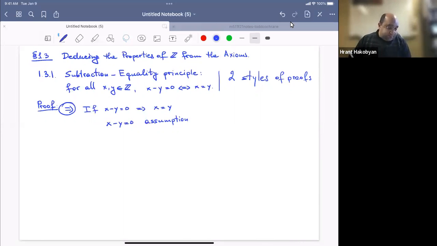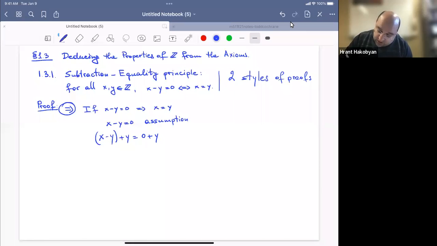So using the substitution axiom, if we add y to both sides of this equality, then we will get x minus y, plus y, equals 0 plus y. Note that we cannot right now just write for the right-hand side that 0 plus y is equal to y. It follows from the axioms, but we have to write which axiom we're using at each step.